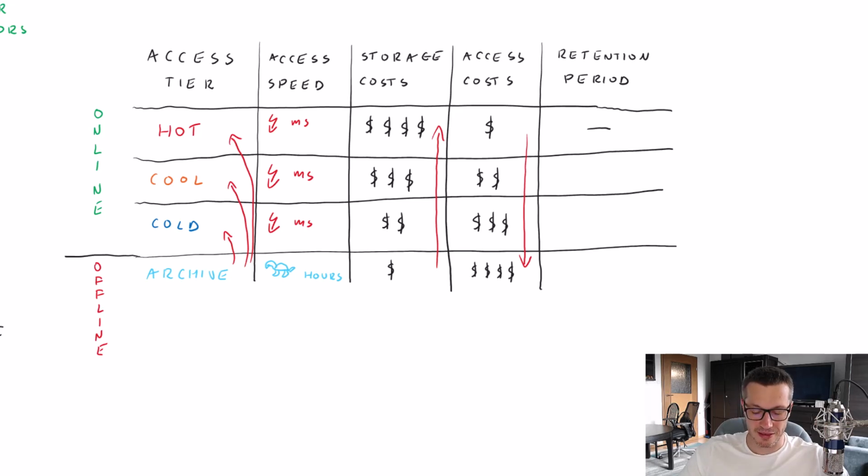And it's set like this. For hot access, there is no period. For cool access tier, we should keep the file in this tier at least for 30 days. Then for cold tier, we should keep it for at least 90 days. And for the archive, it is set to 180 days.